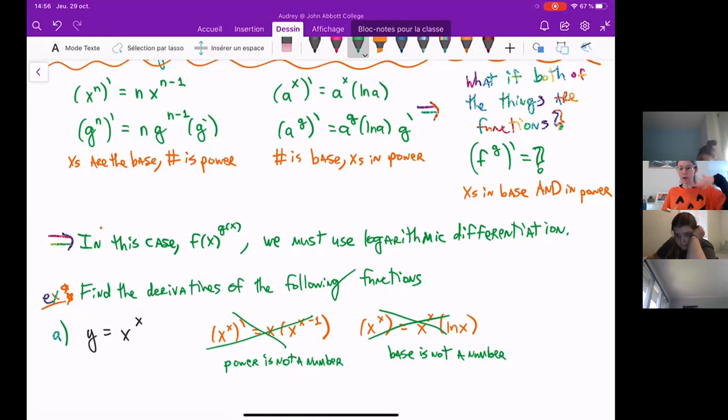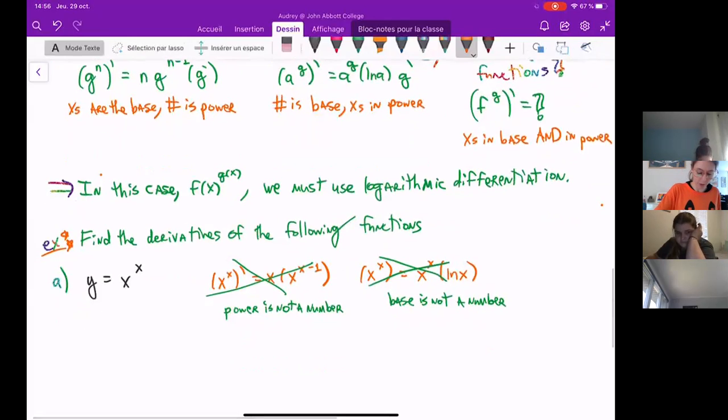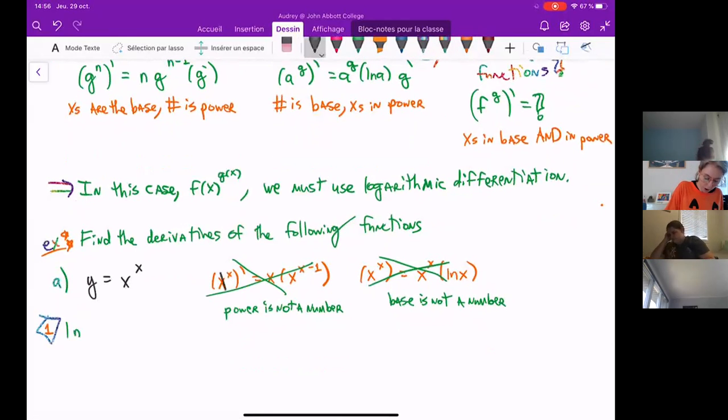I have x's down in the base and x's up in the power. So we're going to follow exactly the same steps for logarithmic differentiation that we have up until now. My first step is take ln of both sides. So ln of y is equal to ln of x to the x.